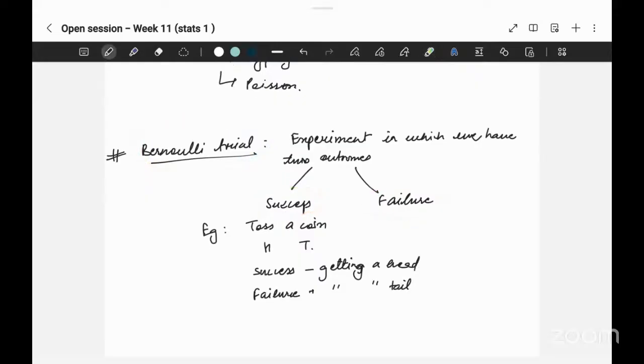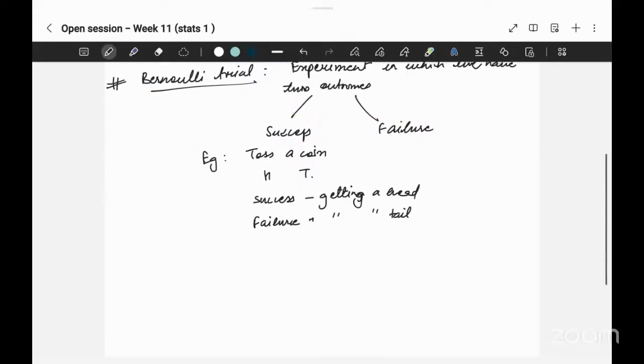So I say that my X is a Bernoulli trial, and I write it like this: Bernoulli with parameter p. This p denotes the probability of success.